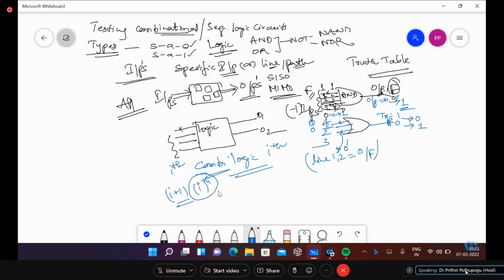What is the difference between combinational and sequential for us? There is some parameter of the output that is fed back. That means I need to wait for that ith stage output to be generated in order to define what the i plus 1th stage output is.